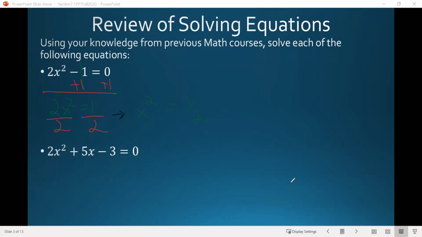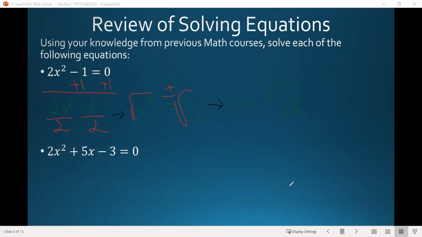Then to solve here, because we have a term being squared, we undo that by taking the square root of both sides. Remember, when we take a square root, we end up with two answers, so a plus or a minus there. On the left-hand side, we'll just have x, and on the right-hand side, we have plus or minus the square root of 1/2.